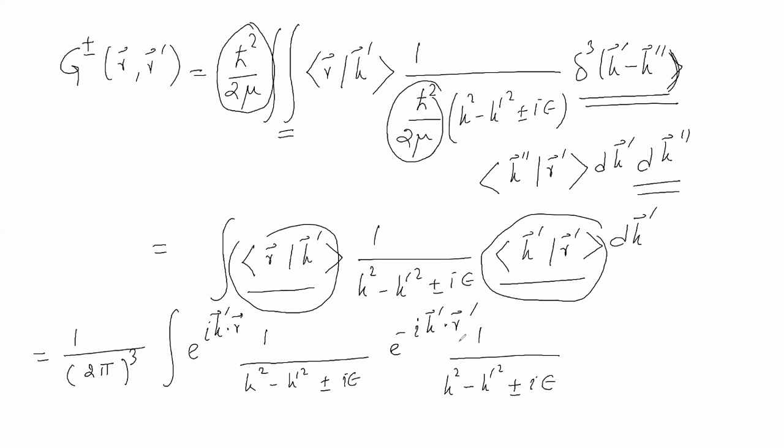That means I can take K prime common. I will be left with r minus r prime.